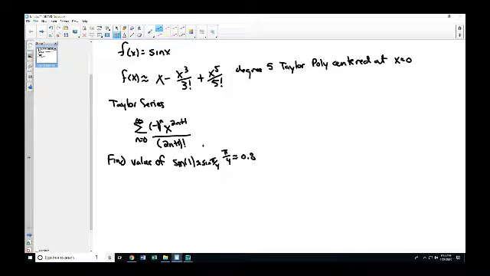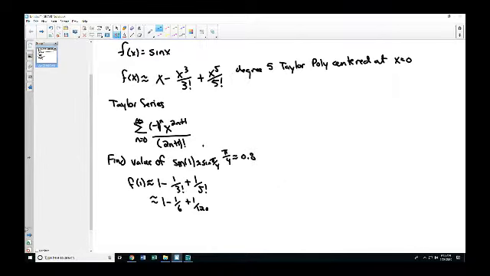Okay. So I can use this here to calculate the value of sine at 1 to a certain degree of accuracy. Just plug in. So f of 1 is approximately, it's still an approximation, 1 minus 1/6 plus 1/120.